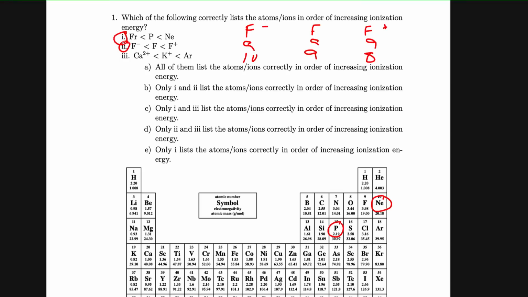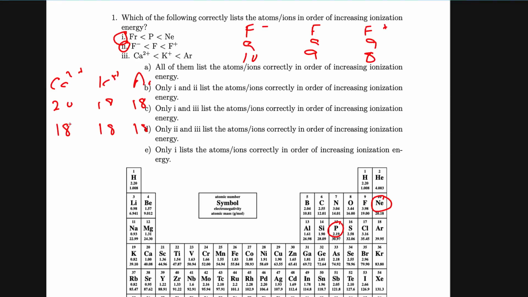Now if we look at calcium 2+, potassium, and then argon. Calcium has 20 protons, potassium is 19, and then argon is 18. So argon has 18 electrons, potassium, this should be a +1, has 18 electrons, and the calcium ion has 18 electrons.